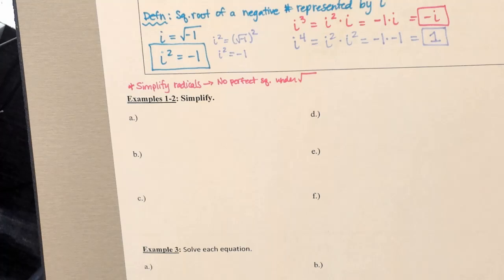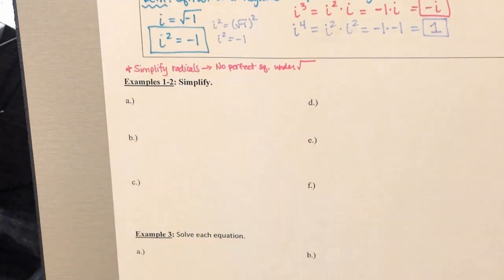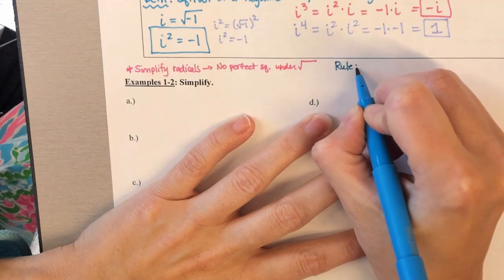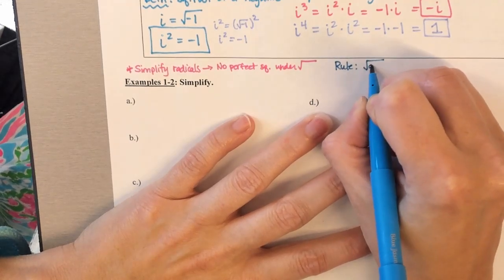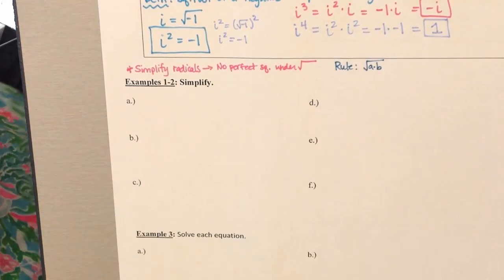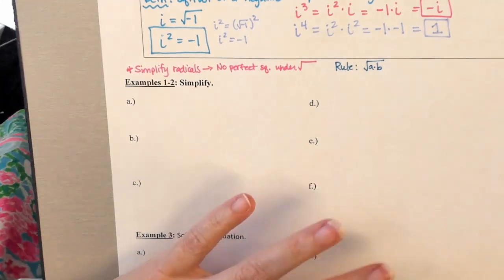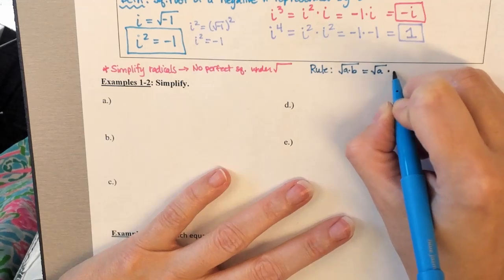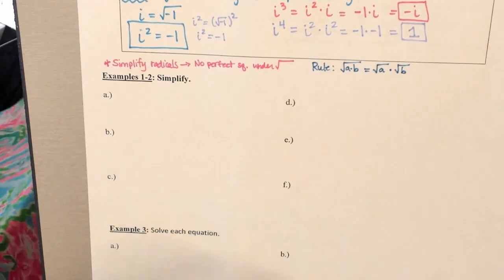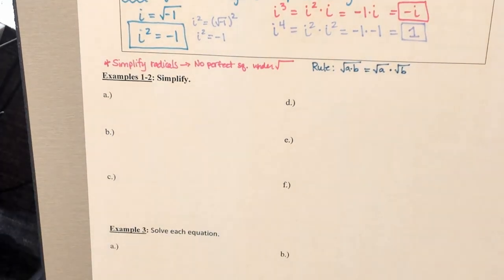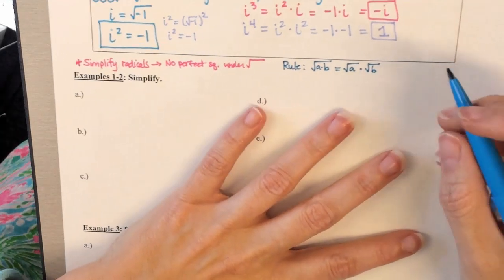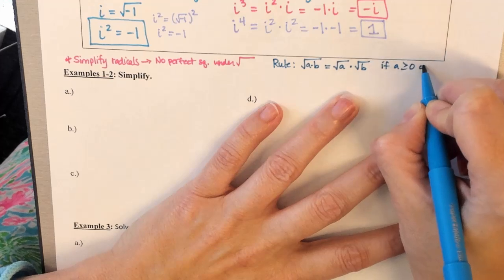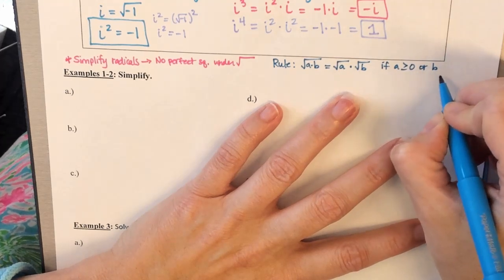Another thing that we're going to use is this rule. If you have the square root of a times b, you can break that up into the square root of a times the square root of b, if a is positive or if b is positive.